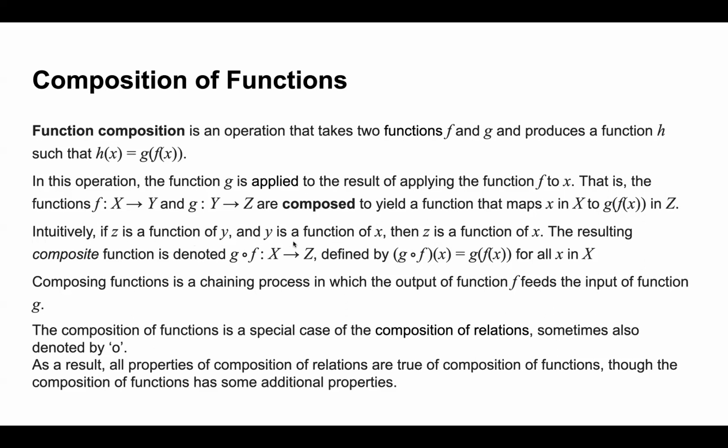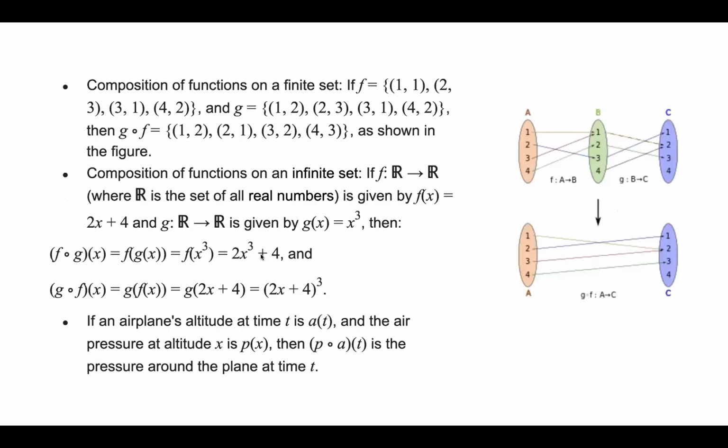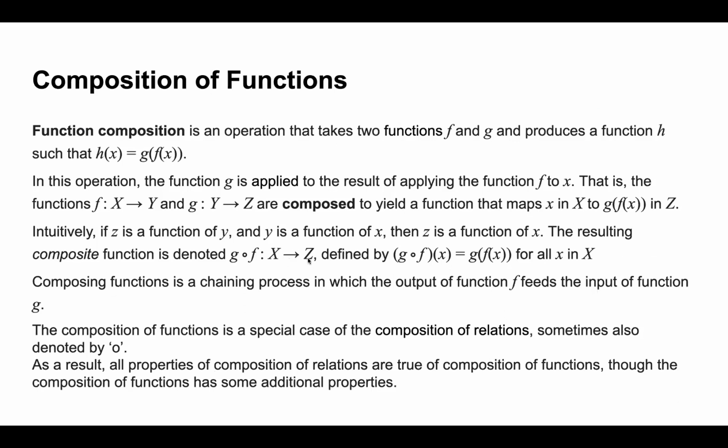The resulting composite function is denoted g composite f, which is from x to z, defined by g composite f of x is equal to g of f of x for all x in X.